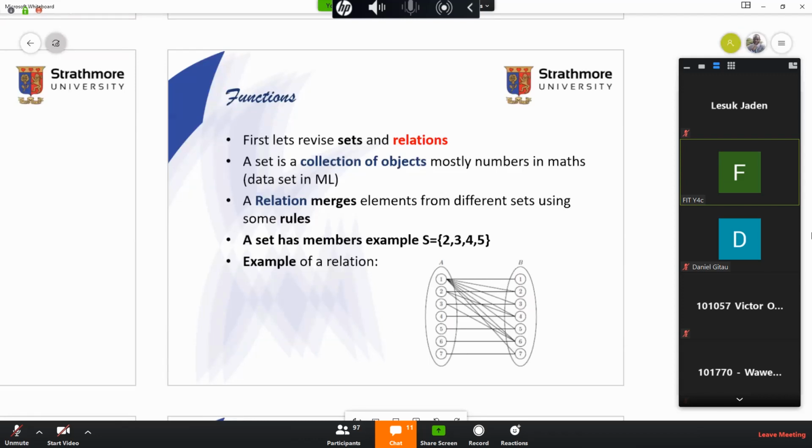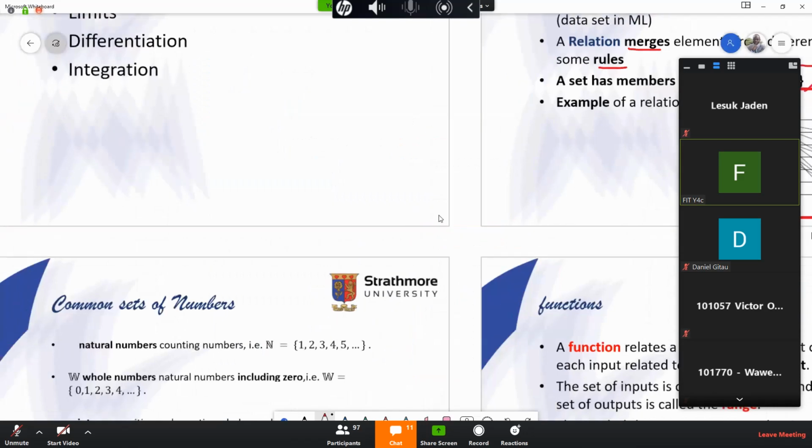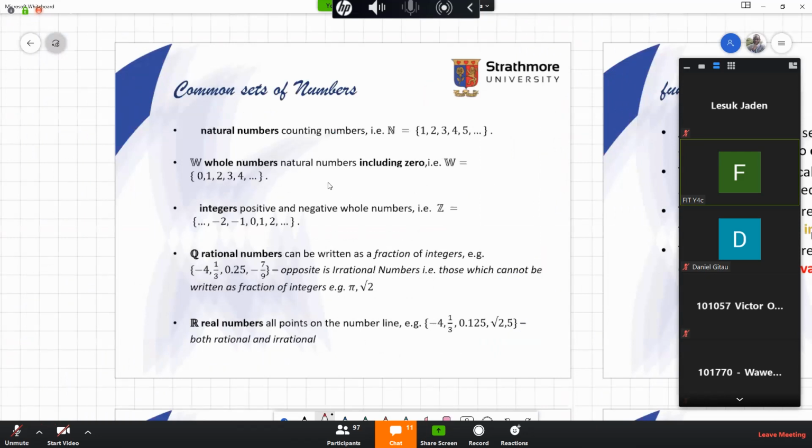So that is just a basic mathematical revision that relations are actually merging different sets. And we have put up a simple picture here. Normally we write sets like this, okay, and the elements inside the set are called members. So the members of a set. Now, my focus is here. There are some important sets that we should be aware of.